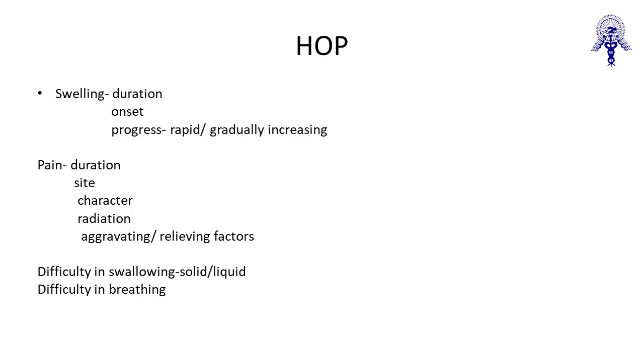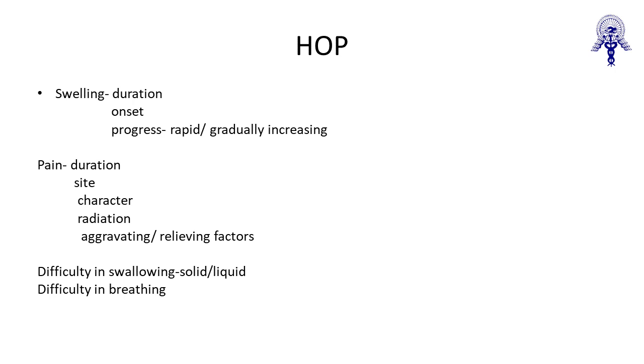History of present illness is the elaboration of the chief complaints, and also taking the associated symptoms or important negative symptoms. Swelling: the duration, onset, progress. Pain: the duration, site, character, radiation, aggravating and relieving factors, you all know it. Difficulty in swallowing, difficulty in breathing.